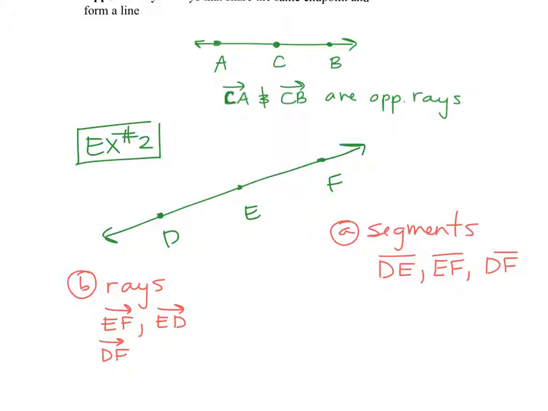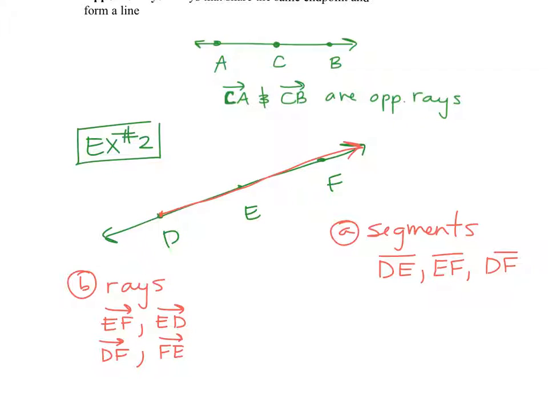DF is the same as DE, right? Same endpoint. So DF is this. DE is that same red ray. So you don't need to call it DF and DE because that arrow keeps going forever. They are the same ray, okay? What's the other one that we haven't named yet? FE or FD, either one of those. And again, you don't have to do both, FE or FD. Okay, questions on that?